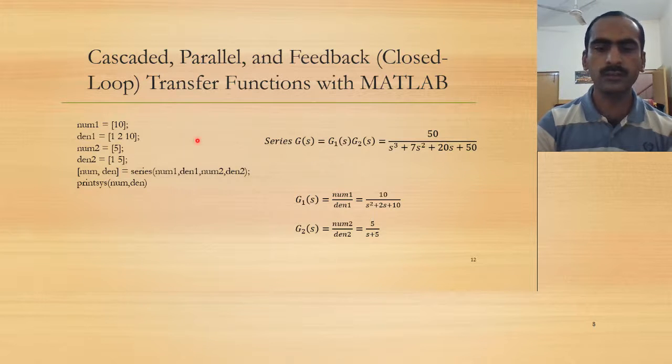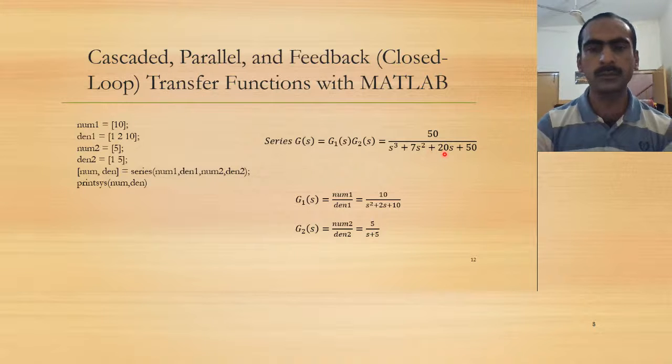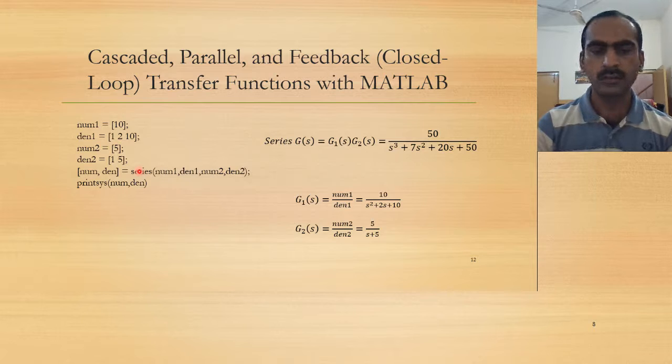In series combination, I will be multiplying these two, and after multiplication I would be getting this transfer function. 10 times 5 is 50. s squared plus 2s plus 10 times s plus 5 is s cubed plus 7s squared plus 20s plus 50. The numerator vector would have only 50, the denominator vector would have 1, 7, 20, 50.